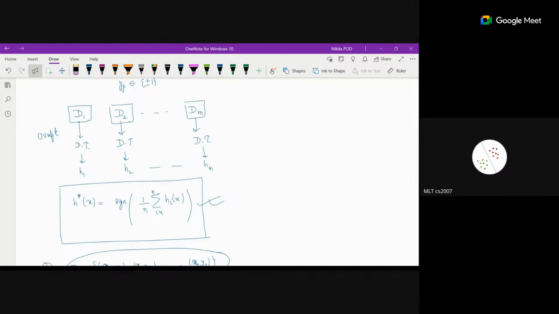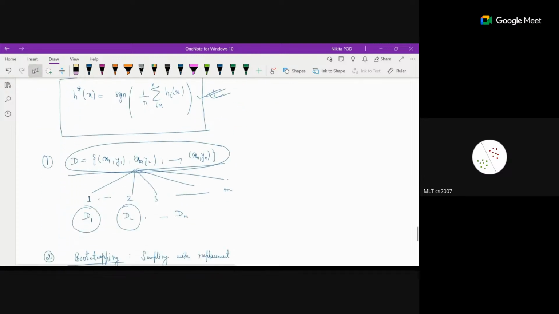And for these overfit models, you will get m different classifiers, H1, H2 up to HM. And then you take H star, which is sign of 1 upon n sum over Hi(x). This step that we are doing over here is called the aggregation. So bagging, which is bootstrap aggregation, this is what we mean.